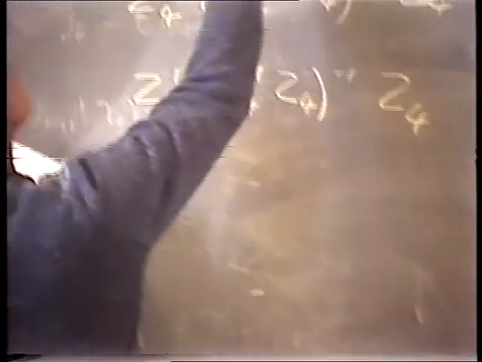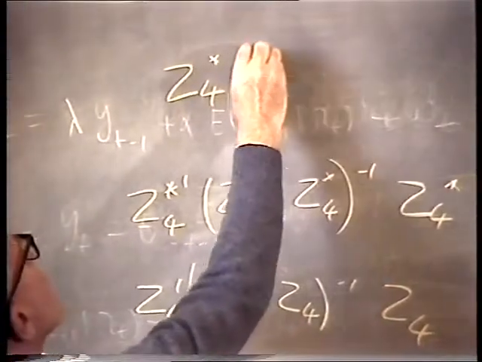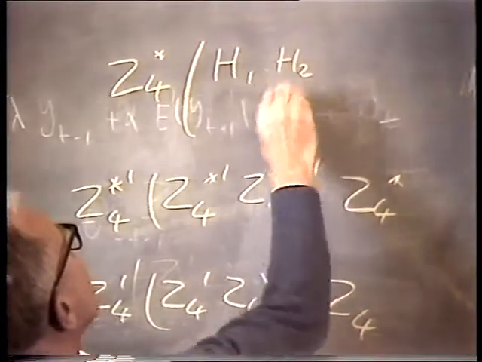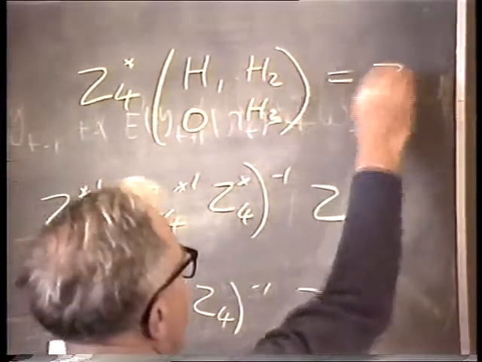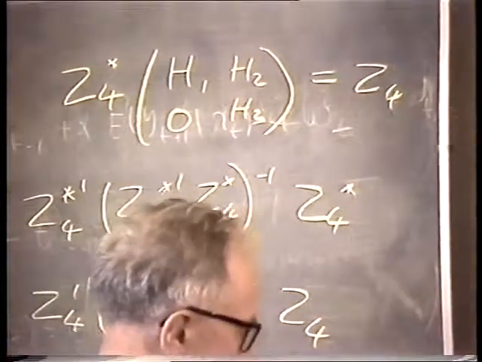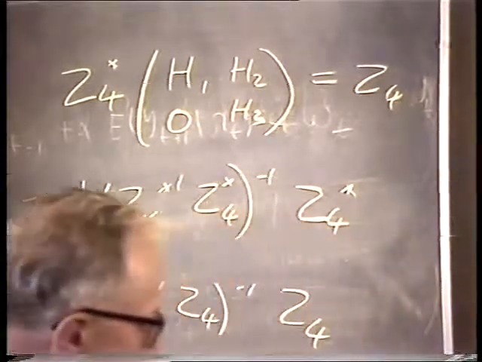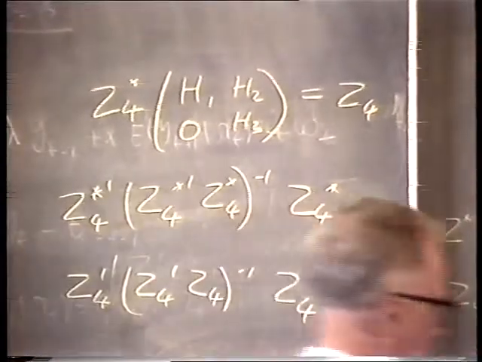Let me write it up separately. Z4 star times H1, H2, H3, 0 will be equal to Z4. Just partitioning, taking the first two blocks of columns of this equation here.